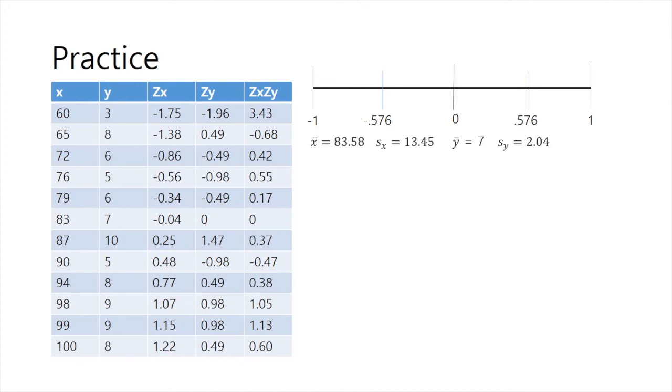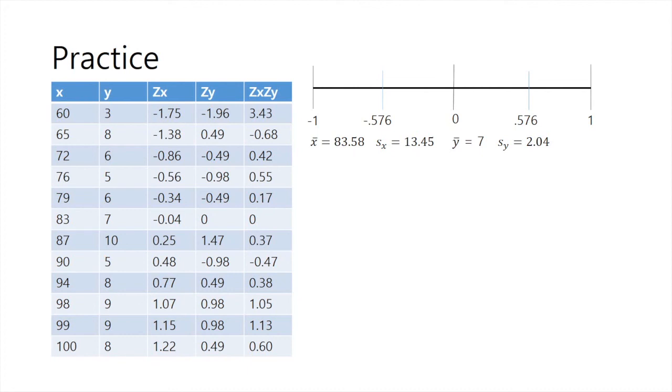Using the calculator with data, you can derive these numbers: x bar, sx, y bar, and sy. Using these numbers, you will have to calculate zx, zy, which is all calculated in the table. Looking at the middle of the table, you can see that there is a 0 for zy and zx zy. This is because y equals y bar, and thus zy would be 0, and all the calculation, including multiplying with zy, which is zx zy, would be 0.